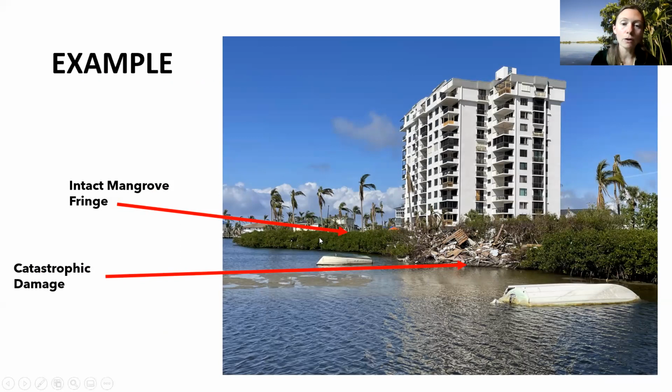So these mangroves over here, you can see some minor defoliation, some small branch breakage. You do know, however, that there was some pretty significant flooding in this area. There may be some sediment deposition. And so I would say that these mangroves, even though they don't have a lot of branch breakage or defoliation, you're probably looking at more of a moderate level of damage to these mangroves.